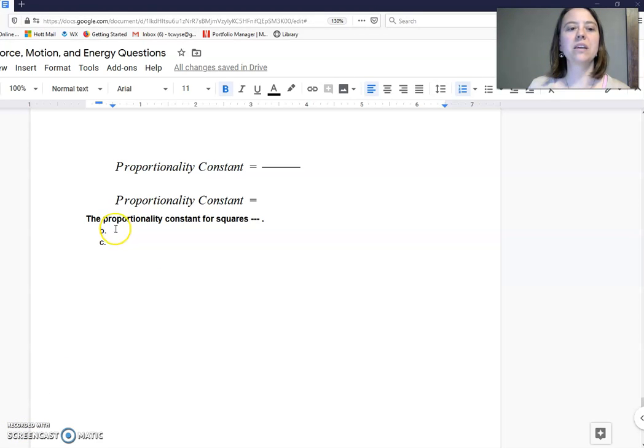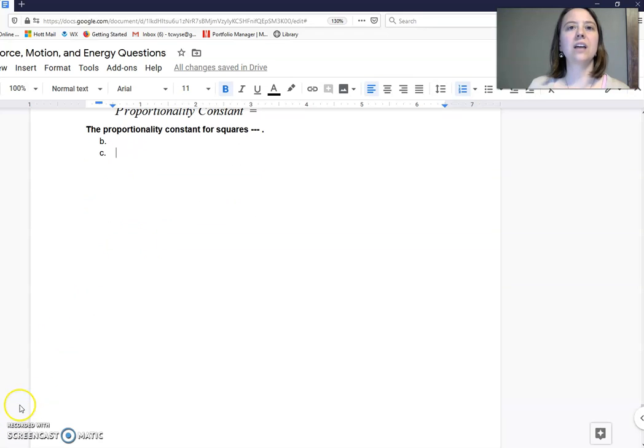Okay, for B and C, you'll want to put a couple of RACE sentences and explain in each B and C, and then we will be done with our 1.3 section. Good job!